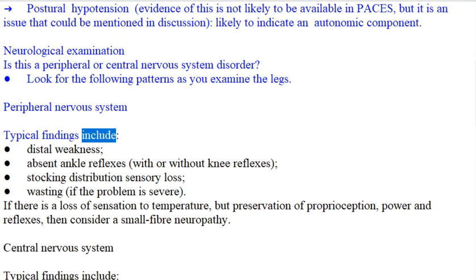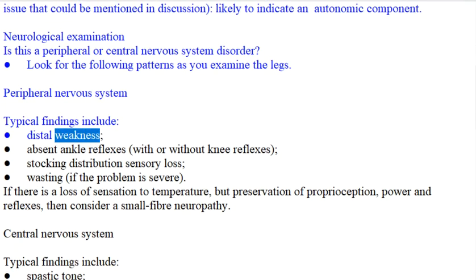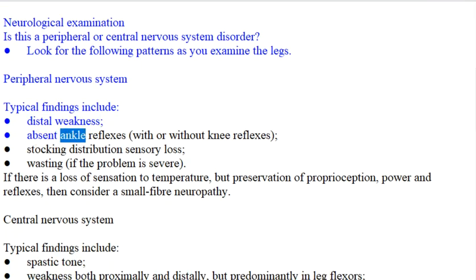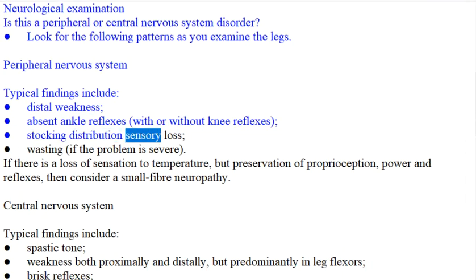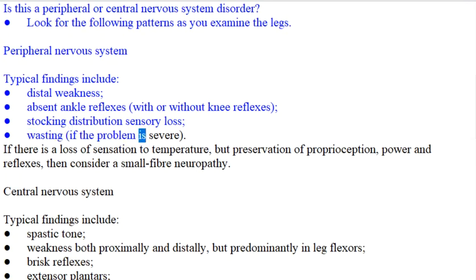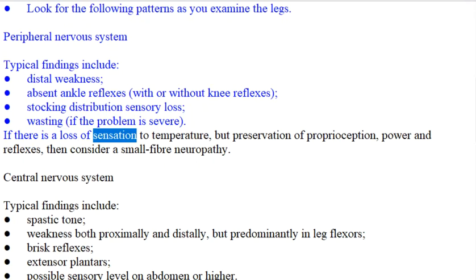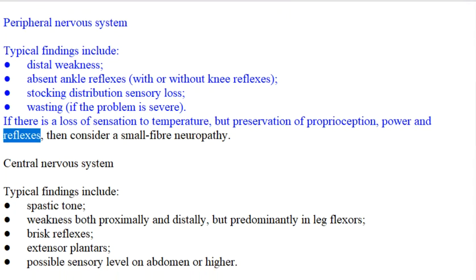Typical findings include distal weakness, absent ankle reflexes with or without knee reflexes, stocking distribution sensory loss, and wasting if the problem is severe. If there is a loss of sensation to temperature but preservation of proprioception, power, and reflexes, then consider a small fiber neuropathy.